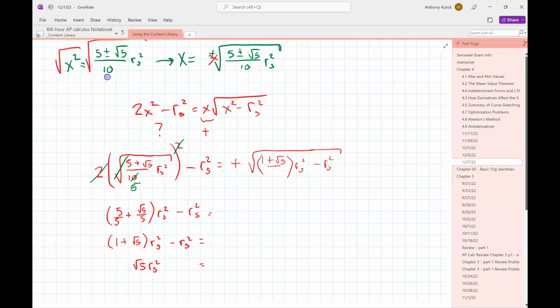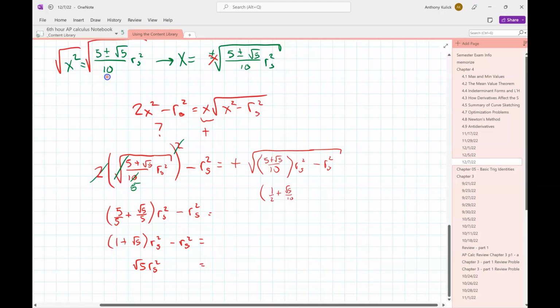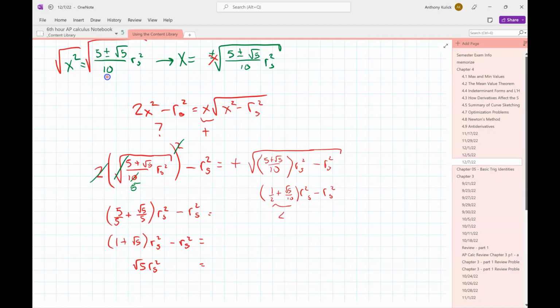Sorry, let me be a little bit more specific here. So this was 5 plus or minus square root of 5 over 10. So that'll be 1/2 plus square root 5 over 10. Right? Everybody's okay with that? This is less than 1.